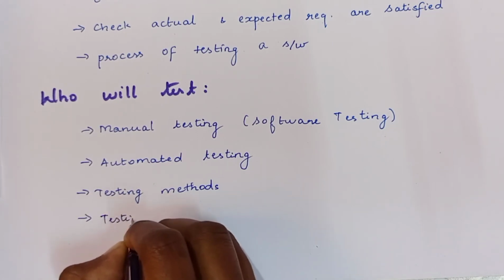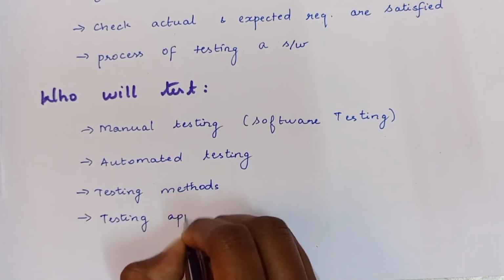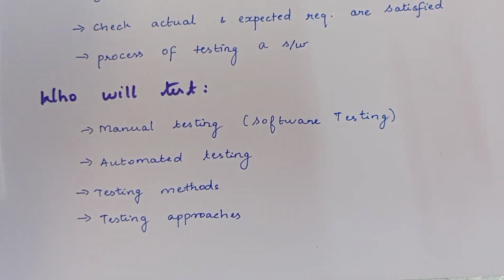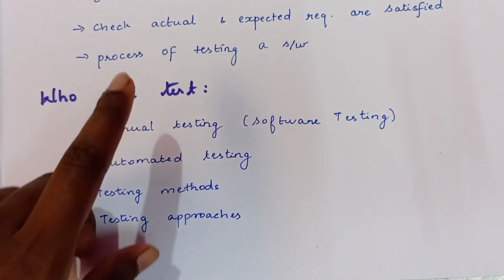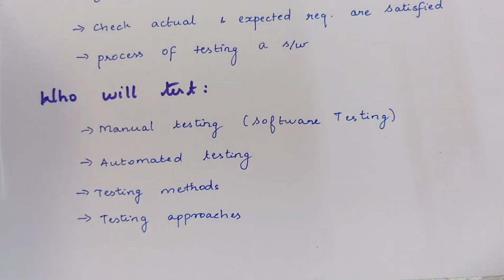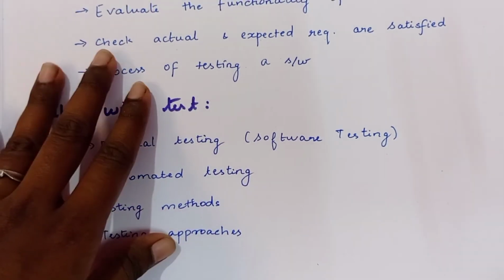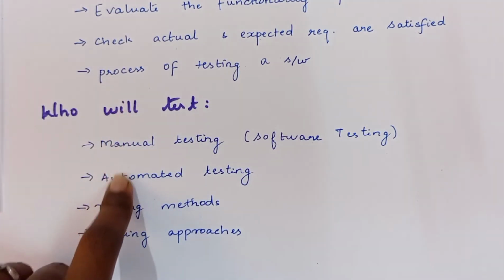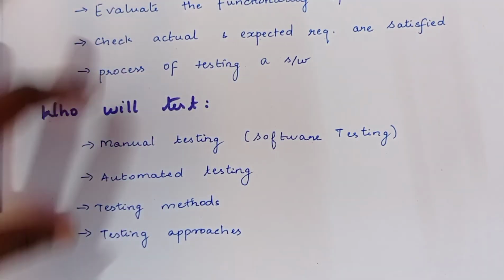And there are some testing approaches also, like black box testing and white box testing. Most of the time, these testing approaches are applied to the software, and they will detect the software errors. So these are the four testing techniques.